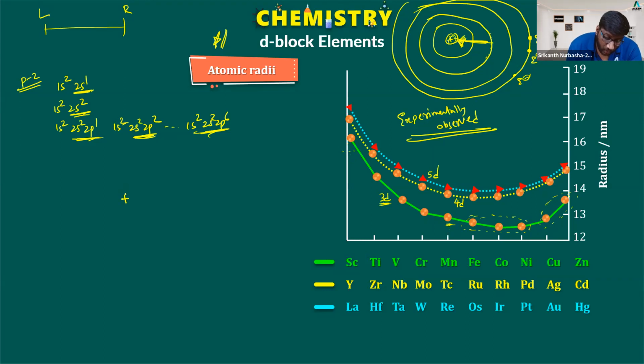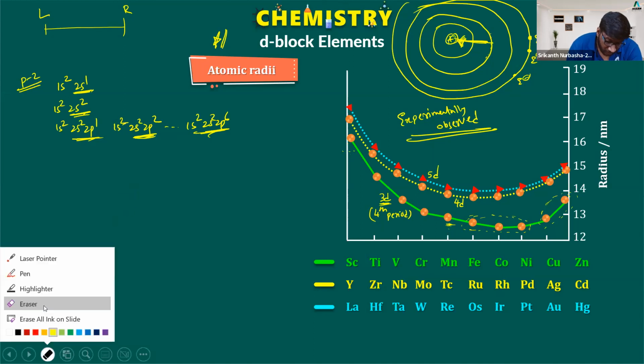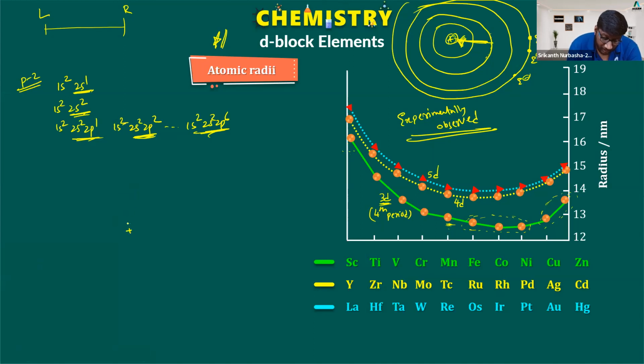this is not period 2, right? This 3d series, 4d series, 5d series, they are not period 2. They are the 4th period, 5th period, and 6th period. Look at the electronic configuration of 3d series elements.